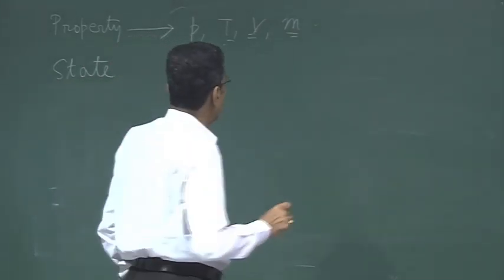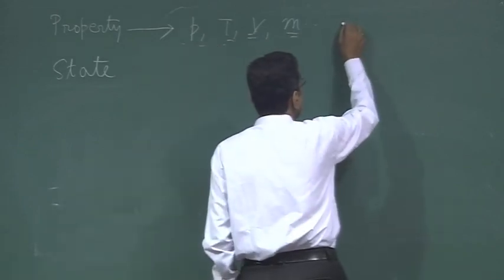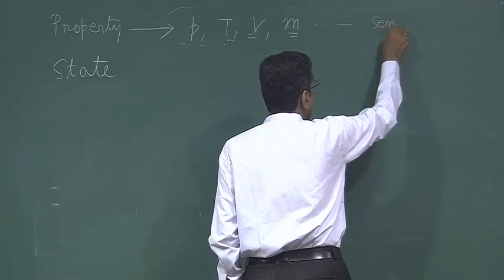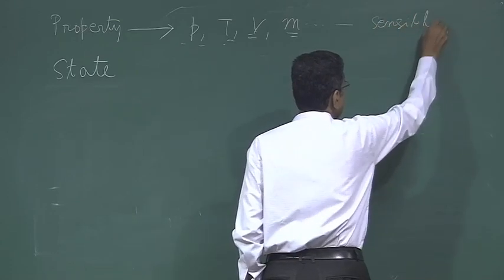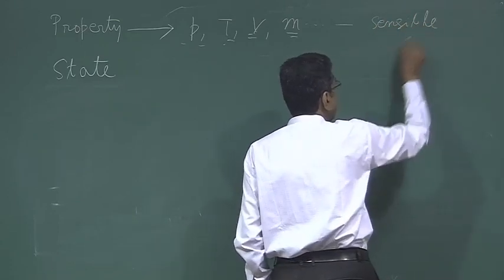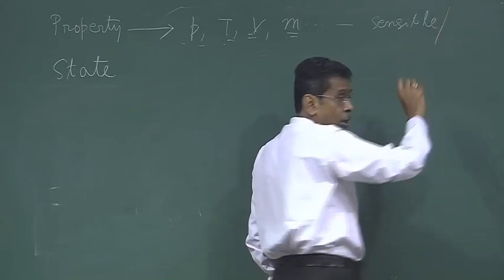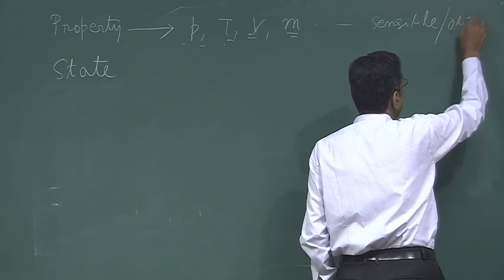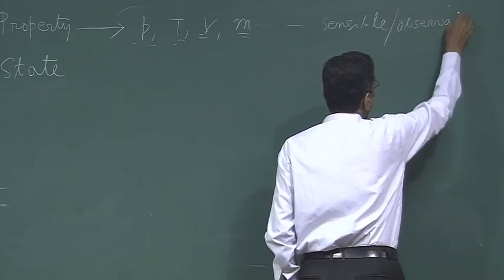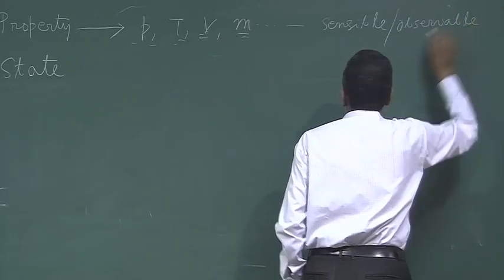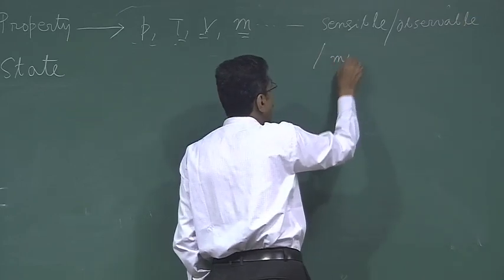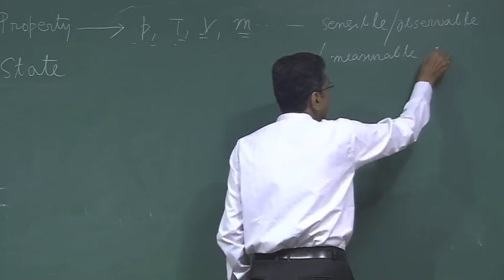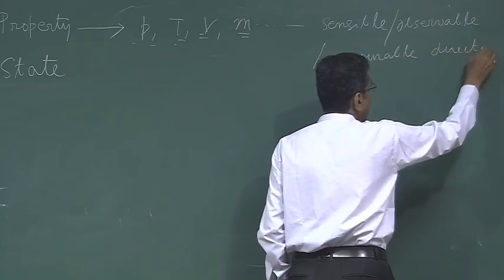But you should know at this moment that a property must have certain characteristic features. It should not necessarily have all of them together. It may be sensible, may be observable, measurable, directly or indirectly.